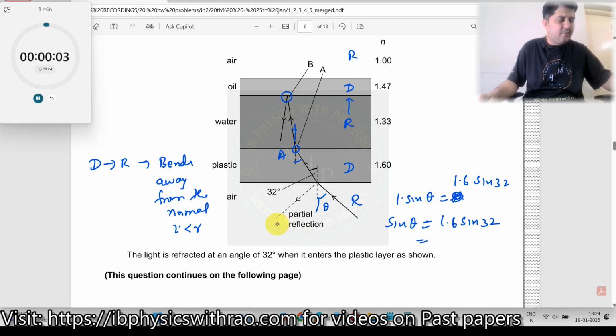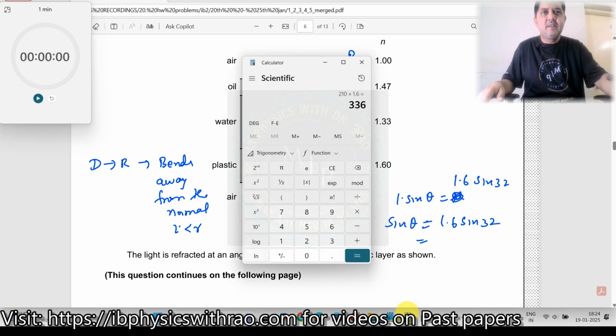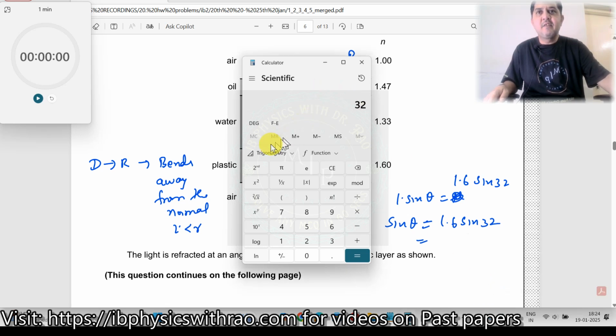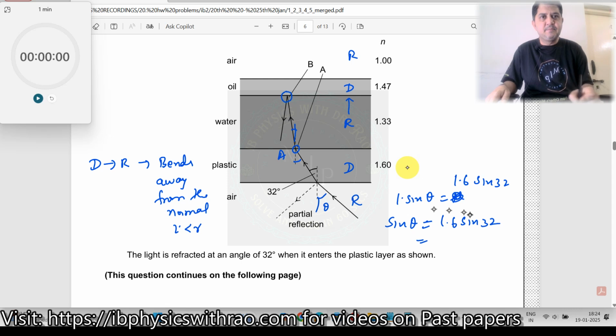Now let us calculate this value. I calculate sine 32 and multiply it by 1.6, and I get 0.847.